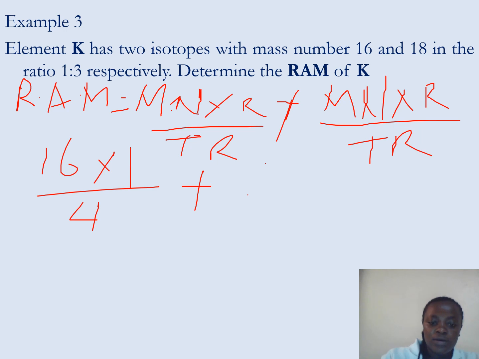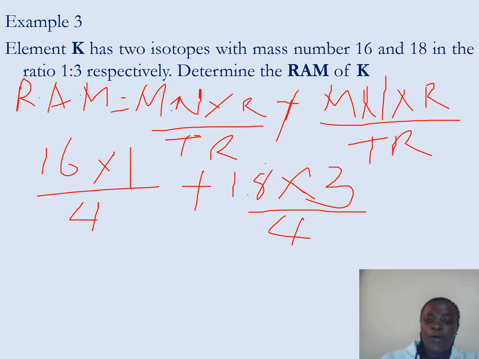So we are multiplying 18 by its ratio, which is 3, divided by the total ratio, which is 4.